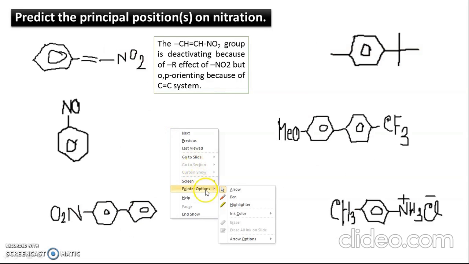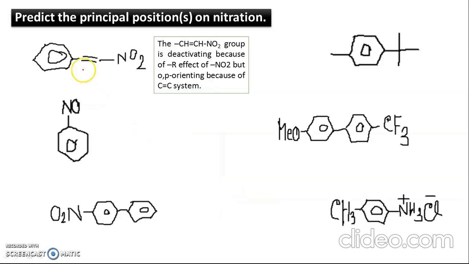Now the first compound: with the benzene ring, there is a C=C double bond, and after that there is an NO2 group. Now if you consider this whole group, that is CH=CH-NO2, it is deactivating because of the presence of the NO2 group. Now if you consider the C=C system only, it is ortho-para orienting.